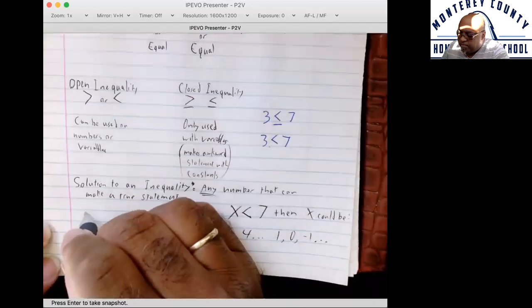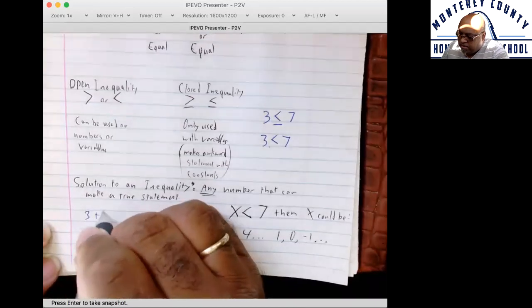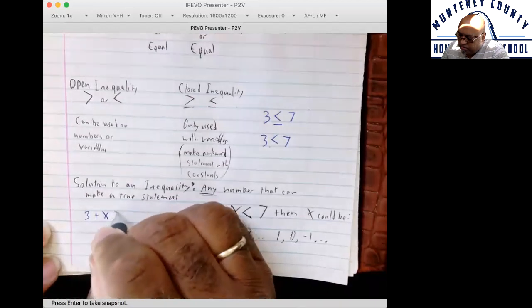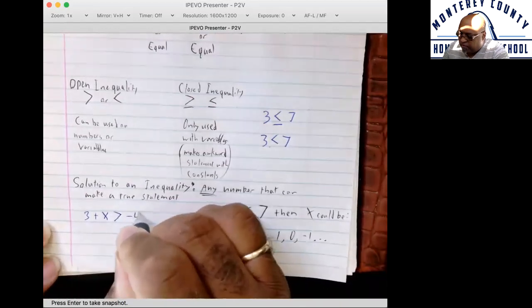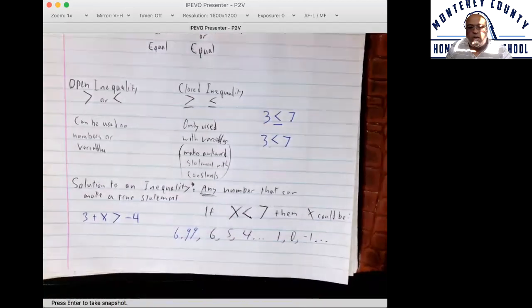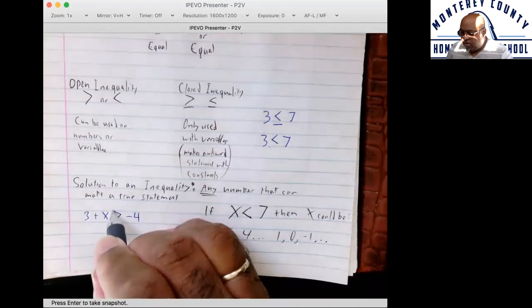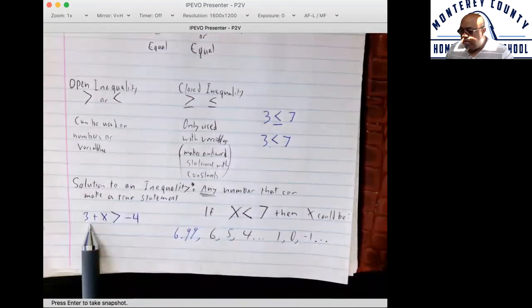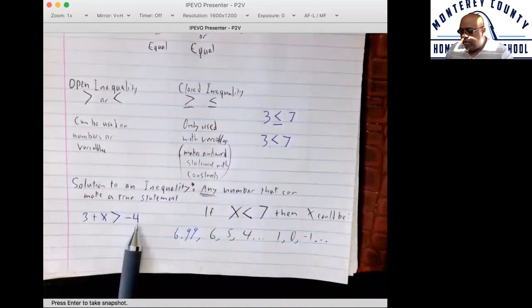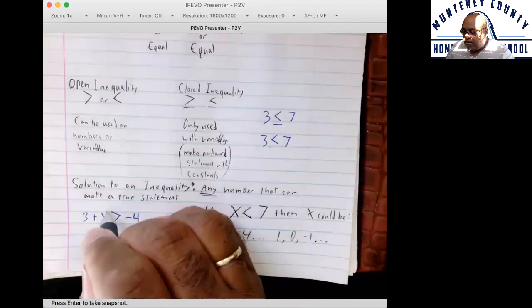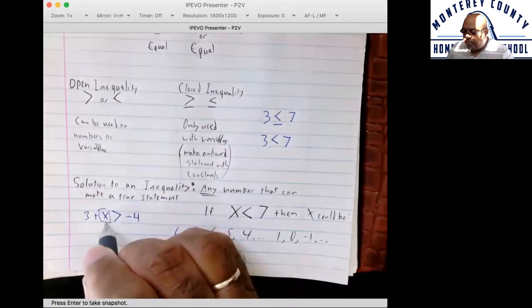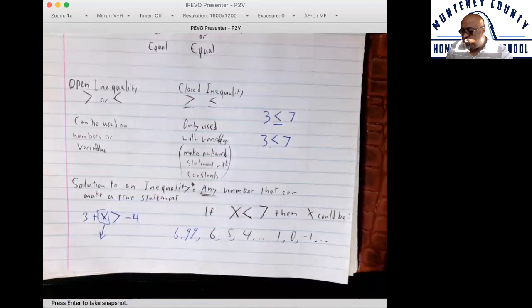Take, for example, 3 plus x is greater than -4. Okay? Now this looks similar to an equation, but it's an inequality because instead of an equal sign here, we have an inequality sign. So if 3 plus x is greater than -4, then the value of x can be substituted for any number that would make this true.